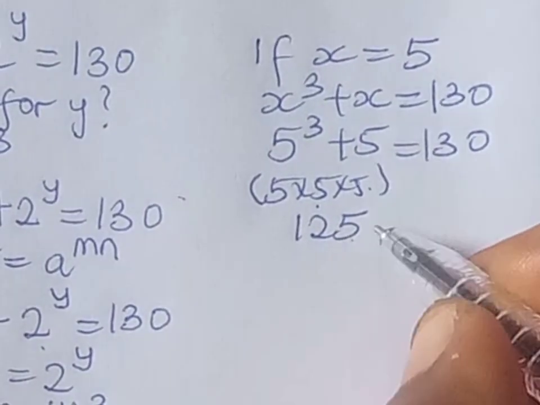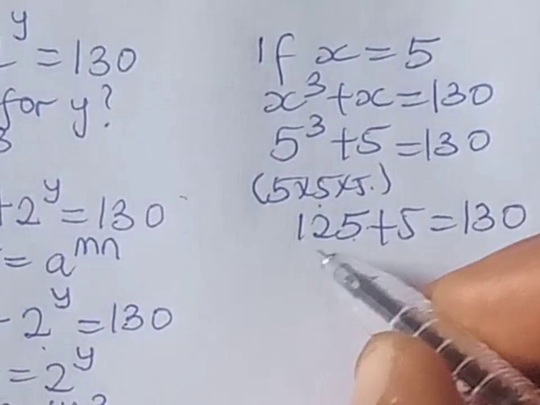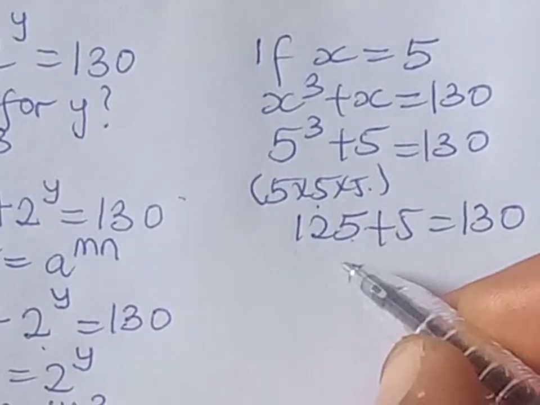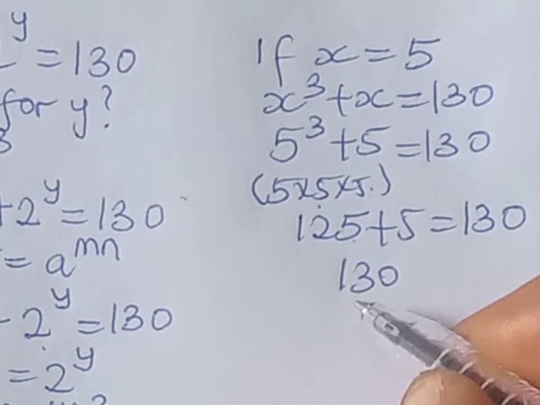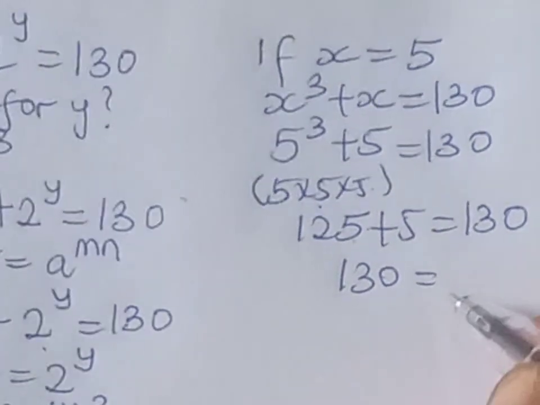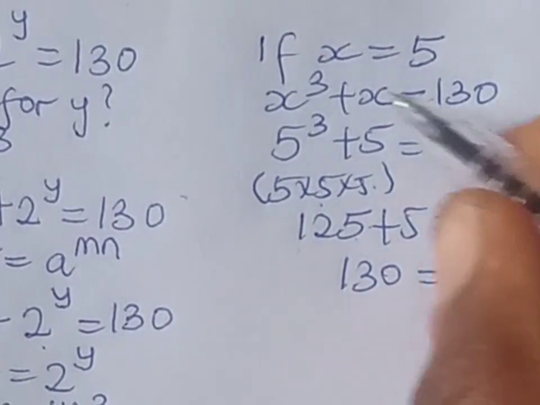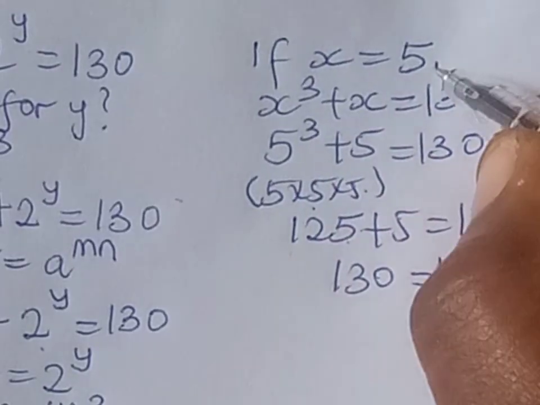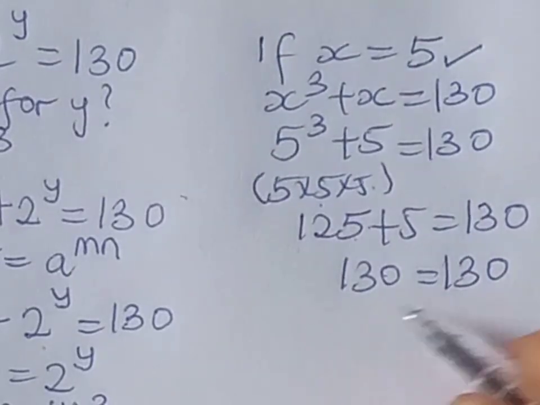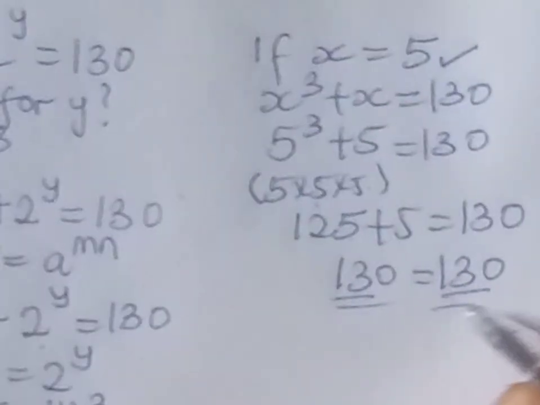So we have 125 plus 5, which gives us 130. That means on the left side we have 130, and also on the right side we have 130. So x equals 5 works perfectly for this equation, because at the end of the day we got the same answer for both sides.